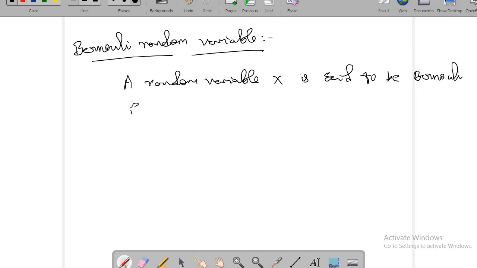So Bernoulli, if it takes only two values.